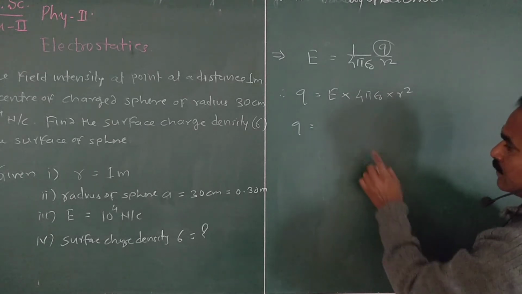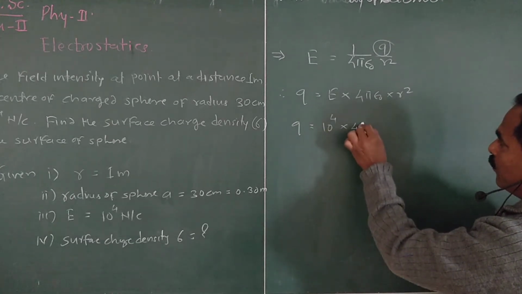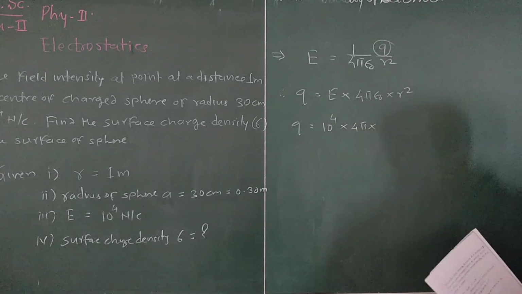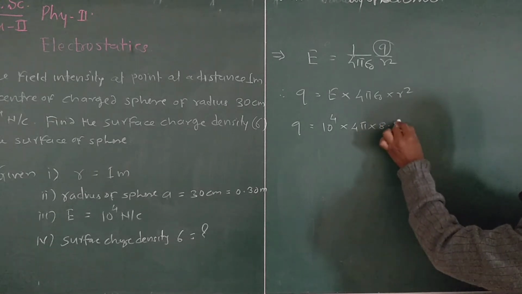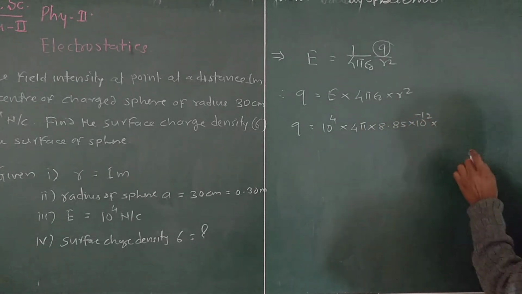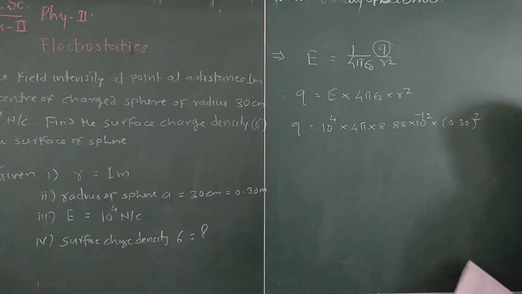Q equal to 10 raised to 4 into 4 pi into the value of epsilon naught, that is 8.85 into 10 raised to minus 12, into 0.30 bracket square.